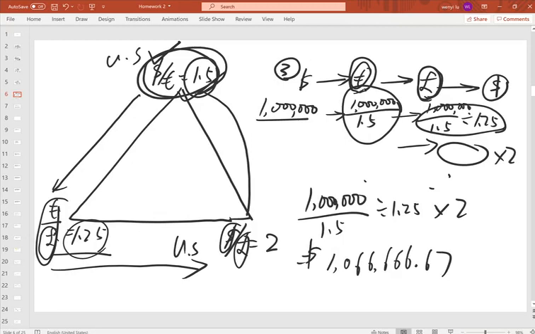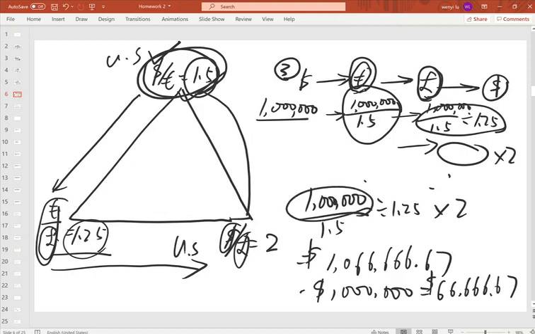So compare with your initial investment of $1 million, what's your net profit by using this arbitrage opportunity? It will be $66,666.67. That's your arbitrage profit. From the very beginning, with a 1 million investment, you finally get this profit by using this arbitrage. So that's the first question for the triangular arbitrage.